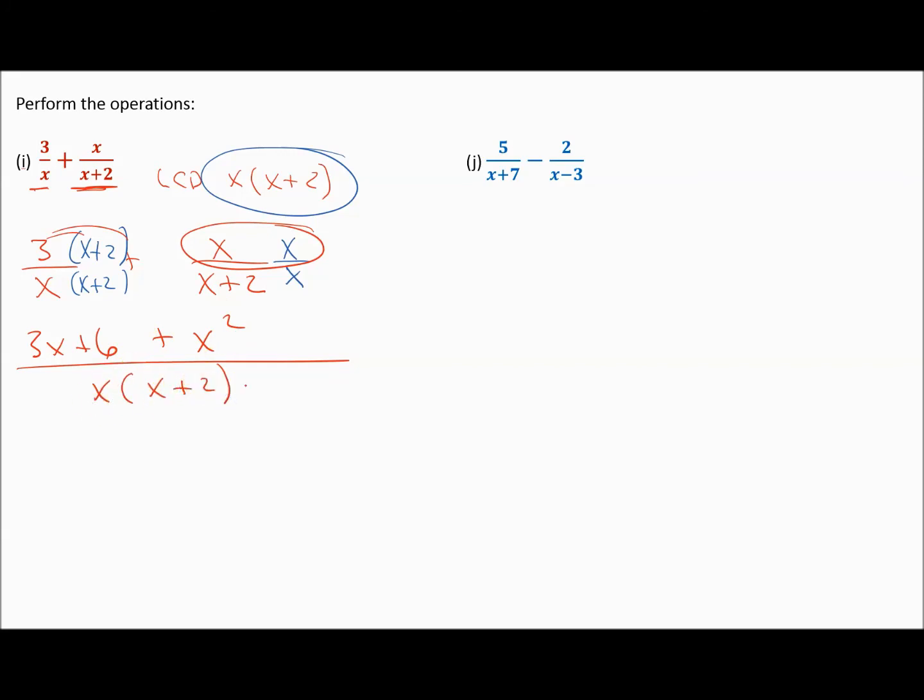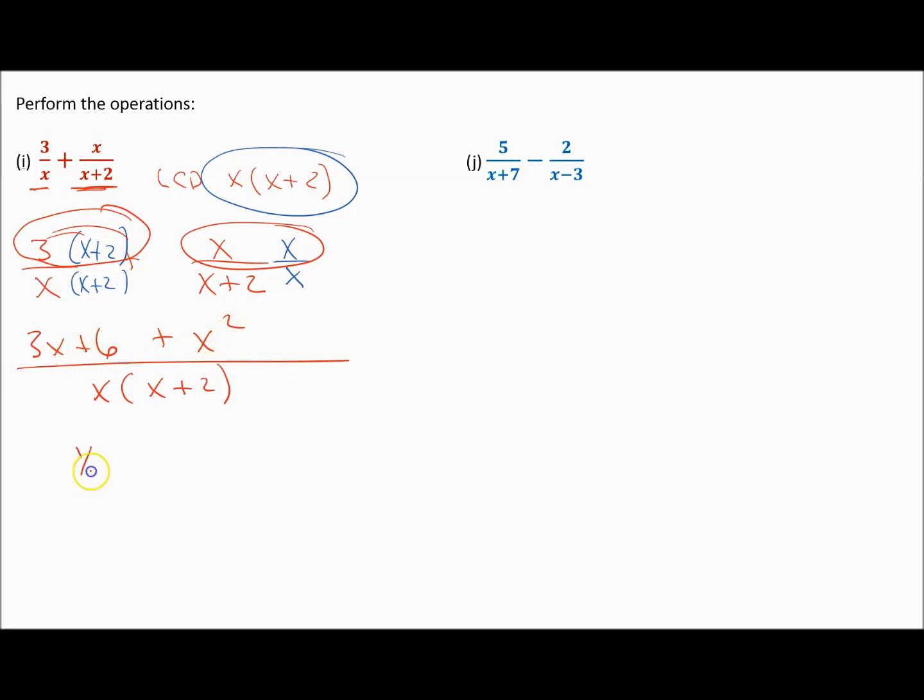Now, you do not have to distribute denominators. You can leave those factored. But this 3 times x plus 2, you must distribute the 3 inside. Now, in the numerator here, I need to add like terms, but I don't have any.